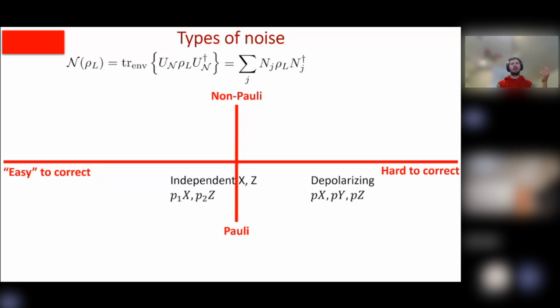Those respective channels have another Kraus operator that's the identity with probability 1 minus P1, 1 minus P2 respectively. And you just act with those on every qubit, combine those, and you get this independent XZ channel characterized by two probabilities. Another channel is the depolarizing channel, which applies bit flip, phase flip, and bit-phase flip at the same probability. So it's got 4 Kraus operators: the identity, and then these 3 errors with probability P on each qubit.